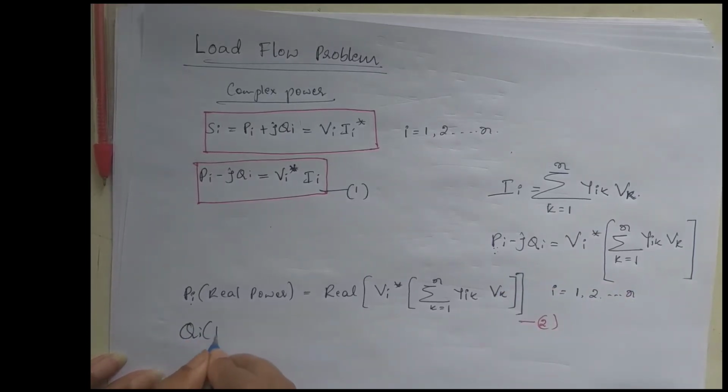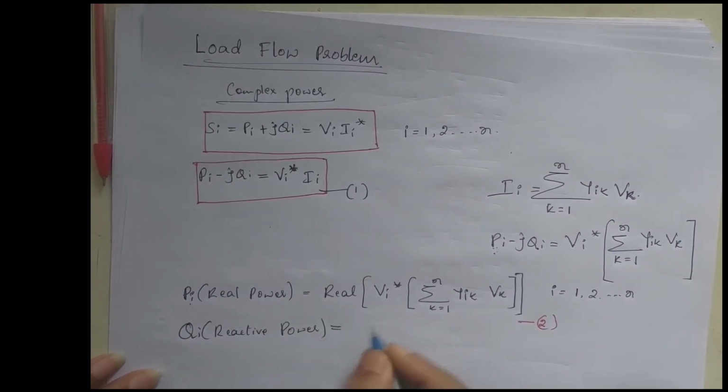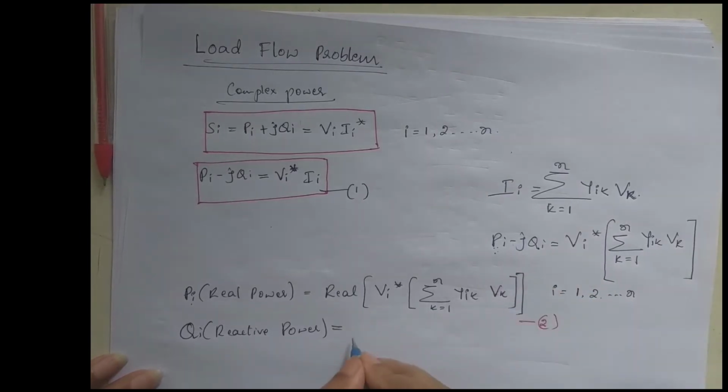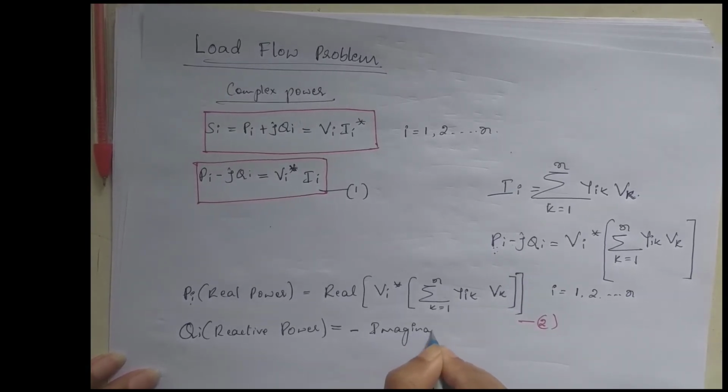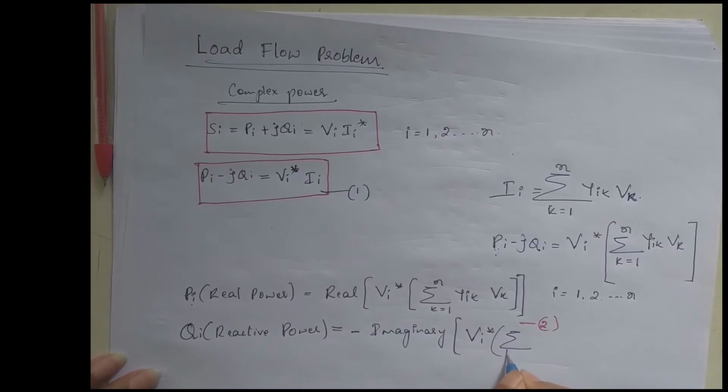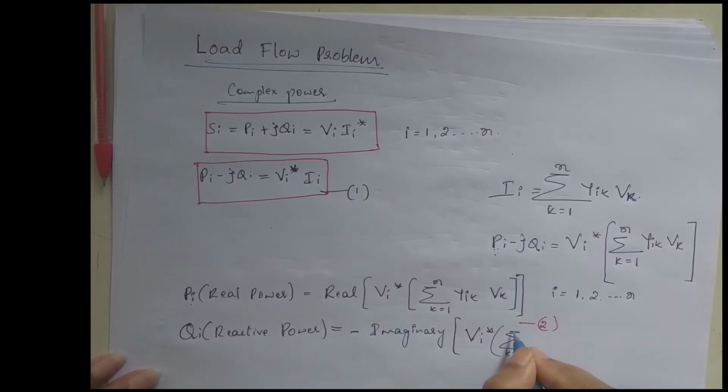Qi, which is reactive power: since minus jQi is there, we have to take minus of the imaginary value of Vi conjugate summation, k varies from 1 to n, Yik Vk.